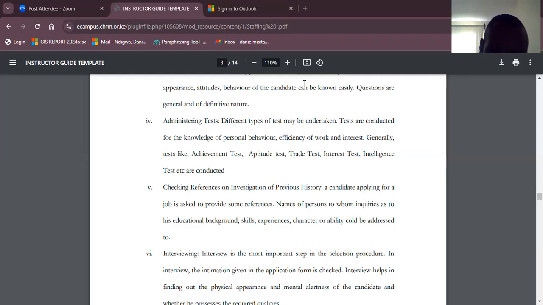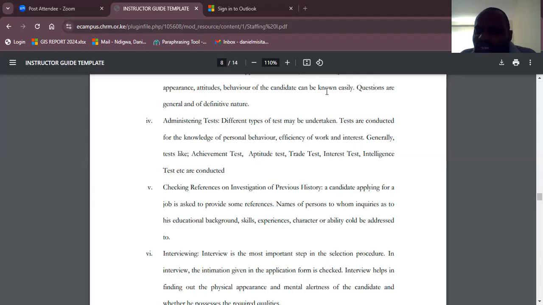Then they will also want to test your character and ability. Character is very important. It's better to get people who have a positive character rather than picking somebody who has a very bad attitude. And this is very common in organizations. Those people who are brought in by their relatives into a particular position will always feel that they are better off than the others who were selected fairly and squarely for those positions.